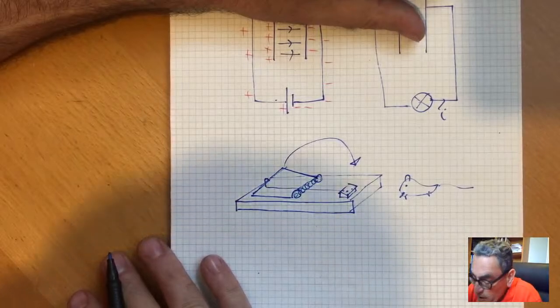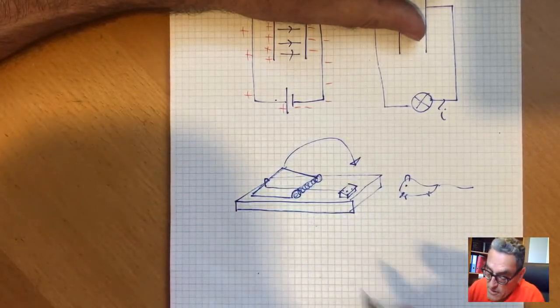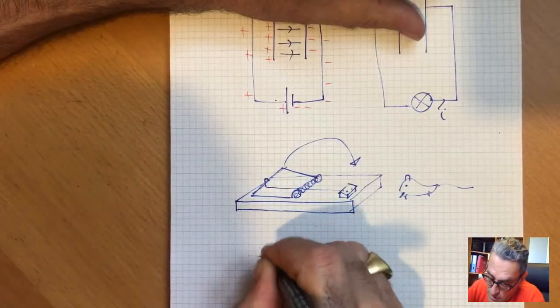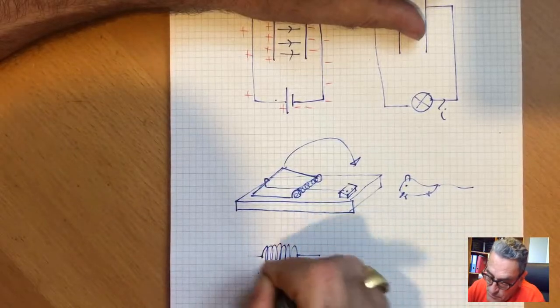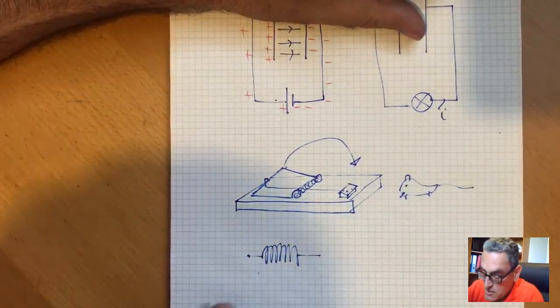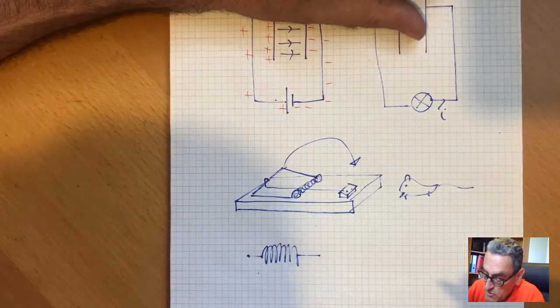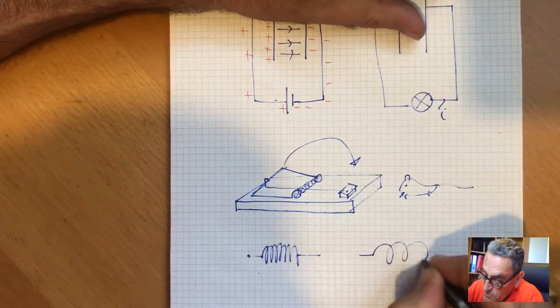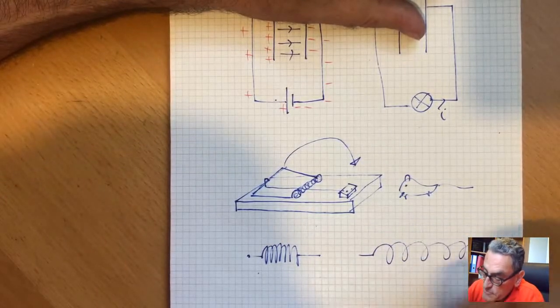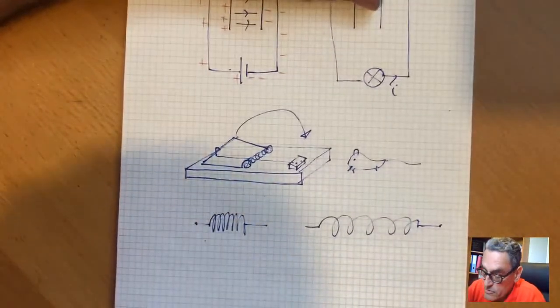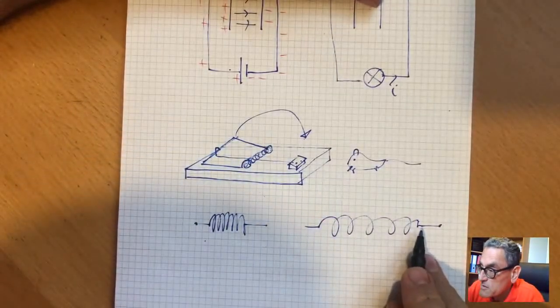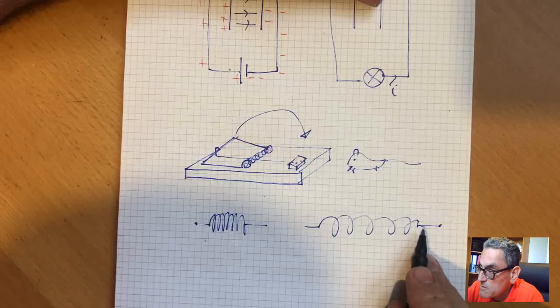So springs also have potential energy. If I take a spring which is not constrained, this is its natural length, it doesn't contain energy. Now if I make the spring longer, then it contains potential energy.